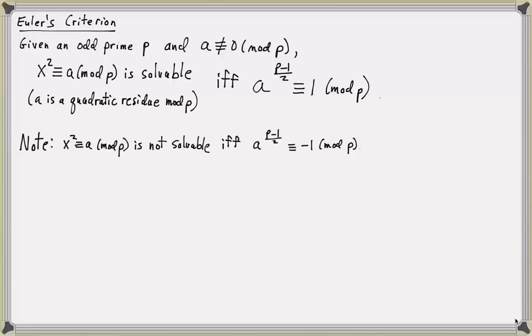Okay, so this is Euler's criterion. So we can quickly calculate a to the p minus 1 over 2, and if it's congruent to 1 mod p, then a is a quadratic residue mod p.